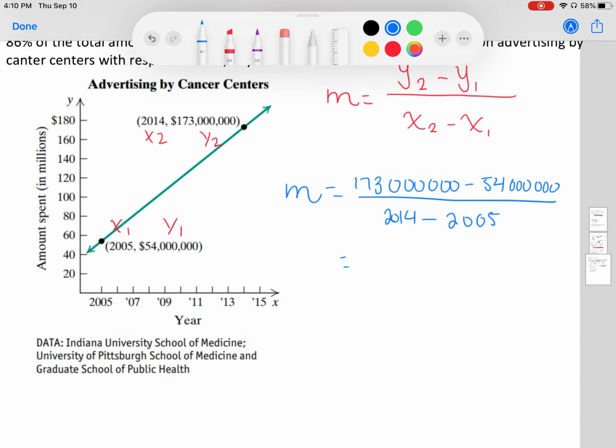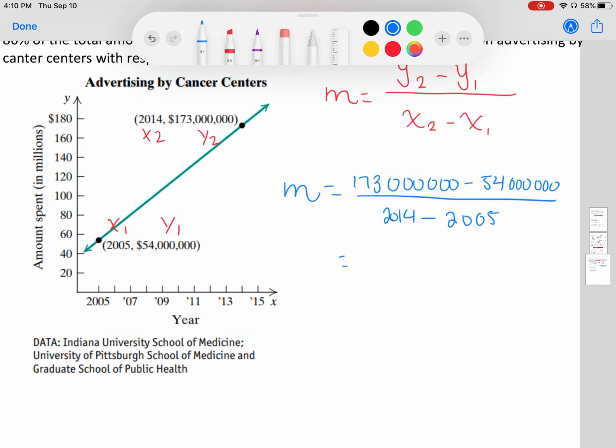All right, once we subtract, we'll get 119 million over 9 years. So per year, what is our rate? It would be about 13,222,222 per year.